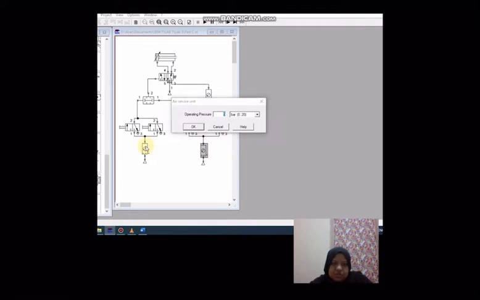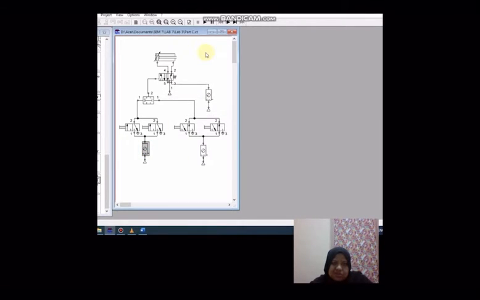The difference between the first two valves and the other two valves is the direction of the arrow. This one is the service unit, and the same goes for this one too.